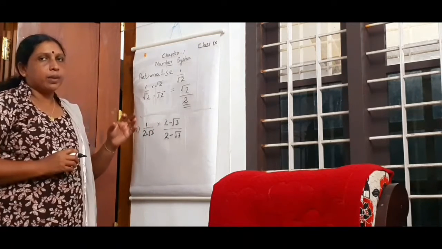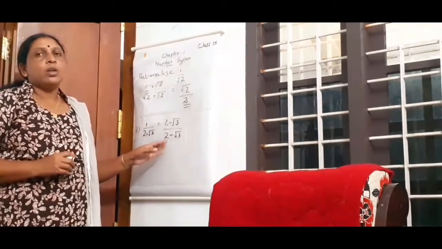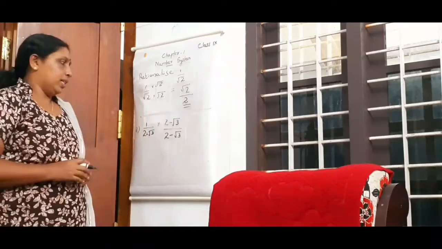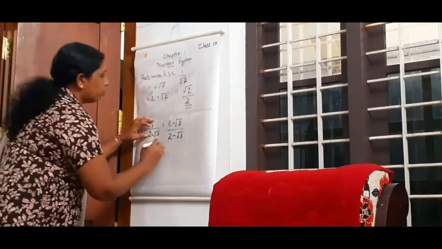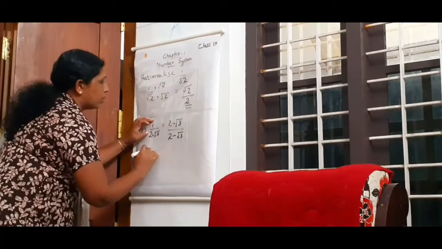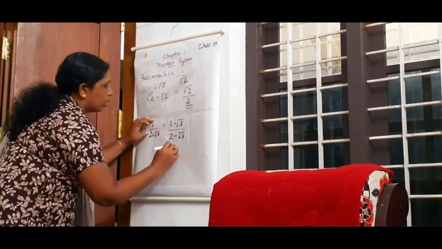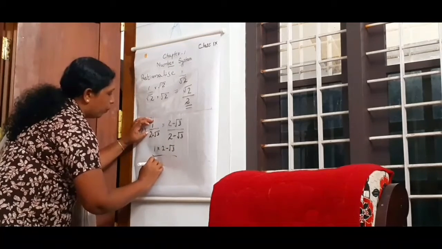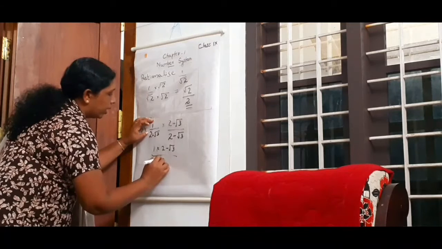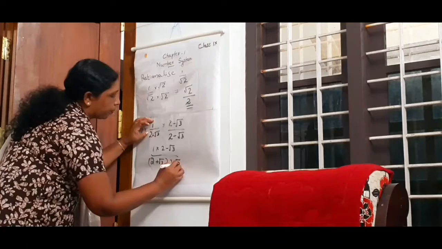If we multiply the same number in the numerator and denominator, there is no change in value. So multiply 1 into 2 minus root 3, by 2 plus root 3 into 2 minus root 3.